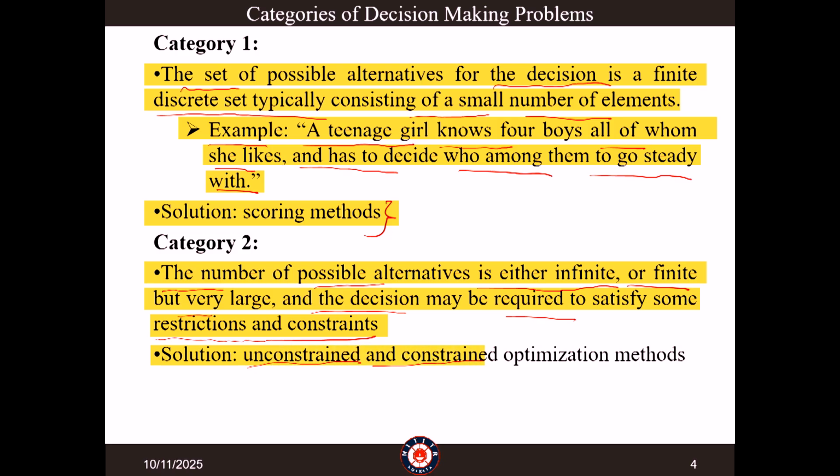Unconstrained means the input parameters can take any value, and in constrained optimization the input parameters are constrained within certain limits. Say, the maximum value of these parameters is less than or equal to 10. Then this type of optimization is called constrained optimization methods.